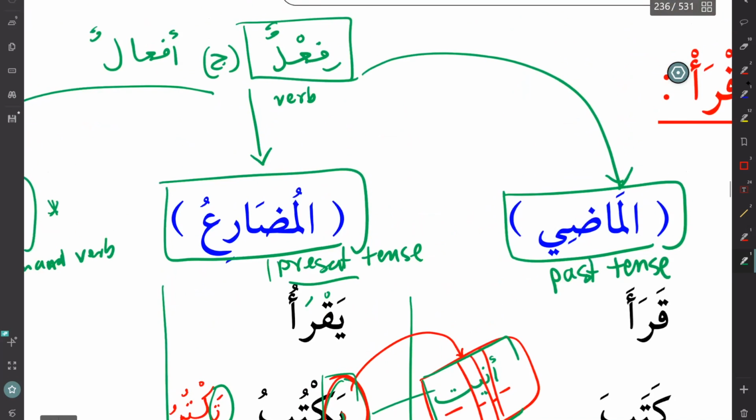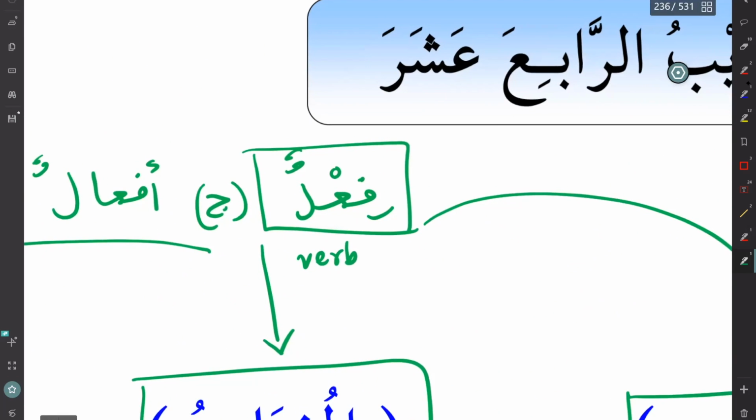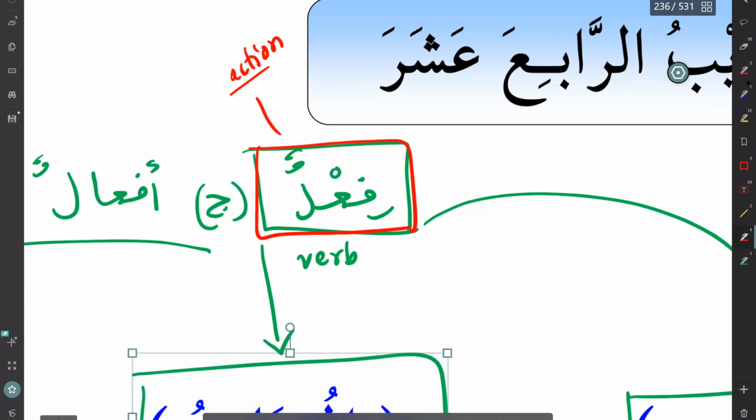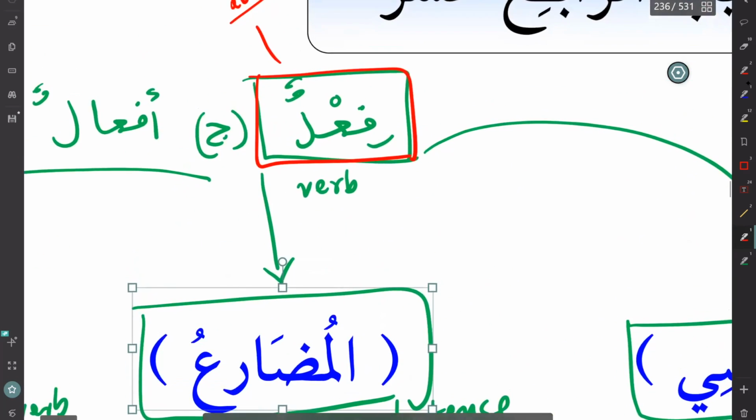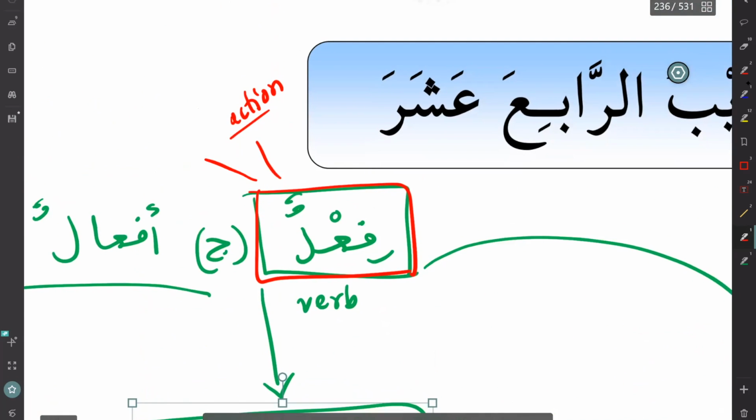So remember what we said in the past, that the verb in Arabic language gives us three pieces of information. It gives us the action itself. Of course, we need to know what action this verb is referring to. For example, when we say يقرأ, what is the action? The action is to read. It also gives you the tense.